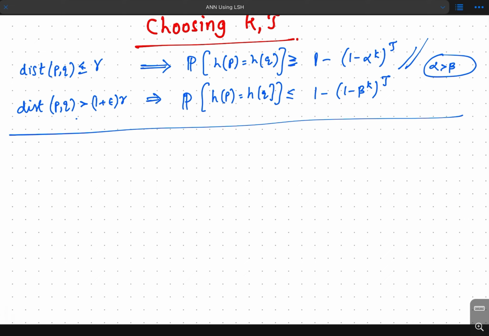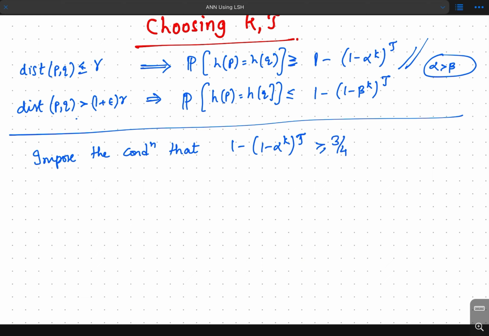Okay, so first let's impose the condition that 1 minus (1 minus alpha^k)^tau, the success probability, is at least 3/4.